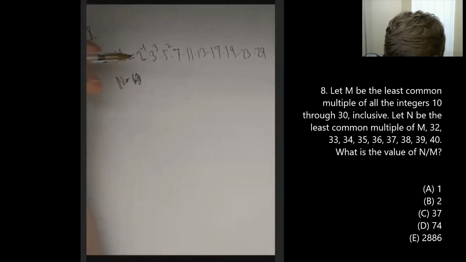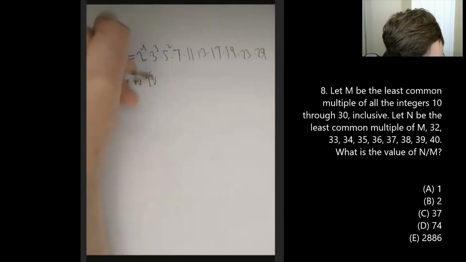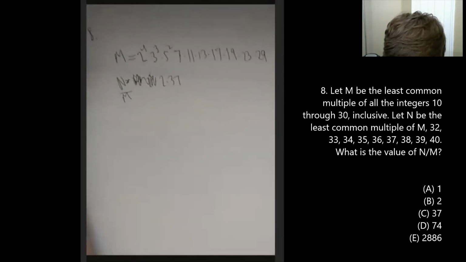Okay, so 32 through 40. So I've got an extra 2 to the 5th now. I've got 3 and 11 is covered. 2 and 17 is covered. 7 and 5 is covered. 36 is 9 times 4. It's already done. 37. So, okay, n over m, I can just compute it directly. 2 times 37. 38 is done. 39 is fine. And 40 is fine. So it should just be 74.